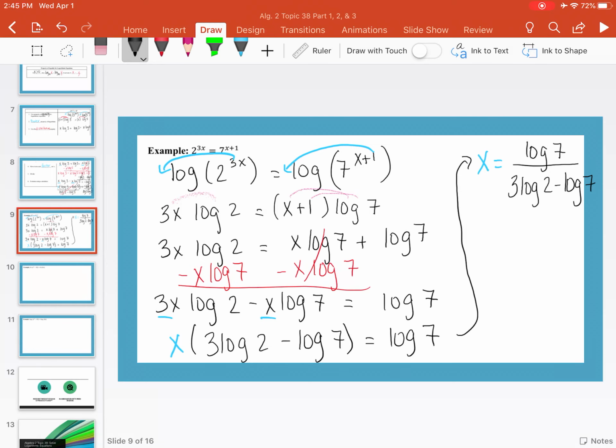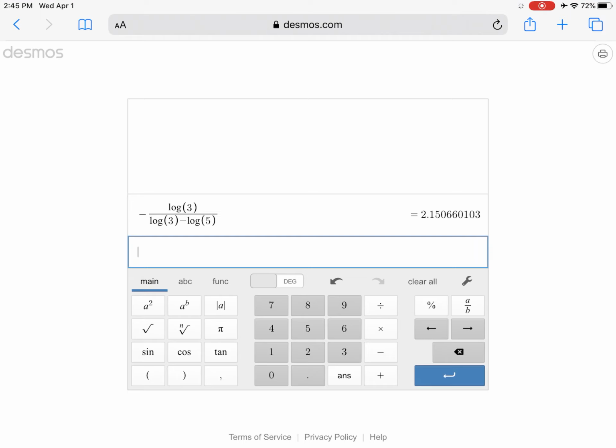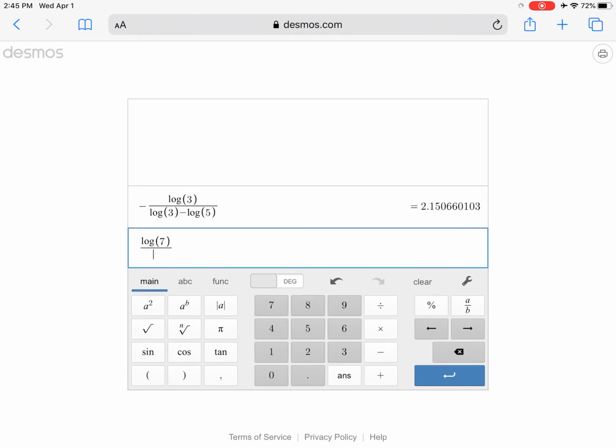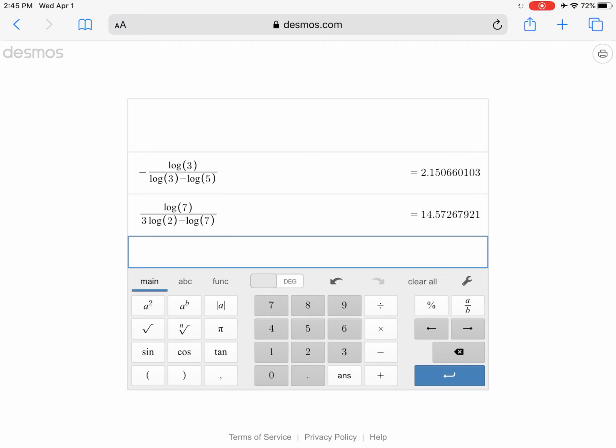We can plug this into our calculator, and we'll get log of 7 divided by 3 times the log of 2 minus log of 7 equals 14.5726791, which is the same if we round it to the thousands place as 14.573.